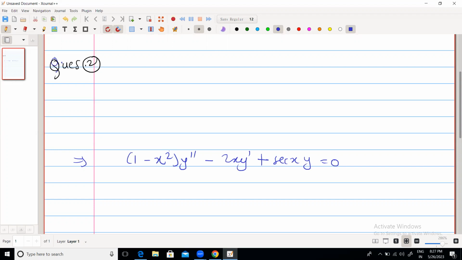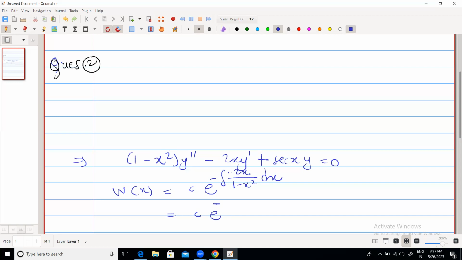Okay, so we know the formula to calculate the Wronskian for this differential equation. It is c times e raised to minus integration of a1 of x, that is minus 2x, divided by a naught of x dx. So this is c e raised to minus. Okay, derivative of 1 minus x square is minus 2x, which is available in numerator.